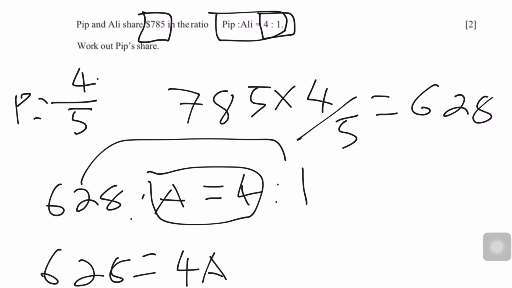Now we take both of these values right here, 628, 157. If we do that, we can see that 157 divided by 628 gives us the ratio of 1/4. And if we add both of these values together, we get the total value, 785. Thus, it verifies the fact that Pip's share is indeed 628.